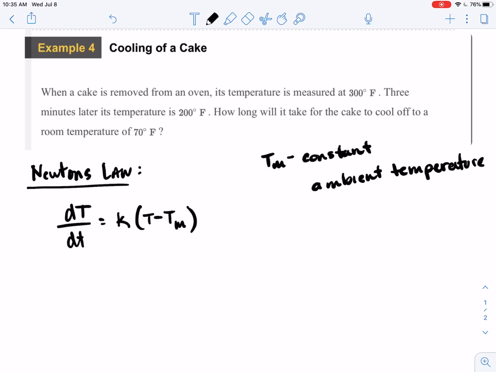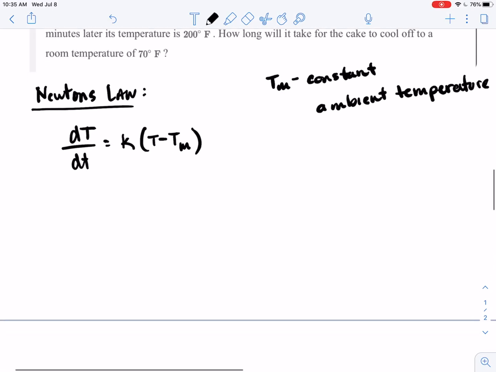So before we get to doing this problem, you see this cooling of a cake and we want to use that. So what I'm going to do first is just get a solution for this differential. So you're still doing separate and integrate, right?